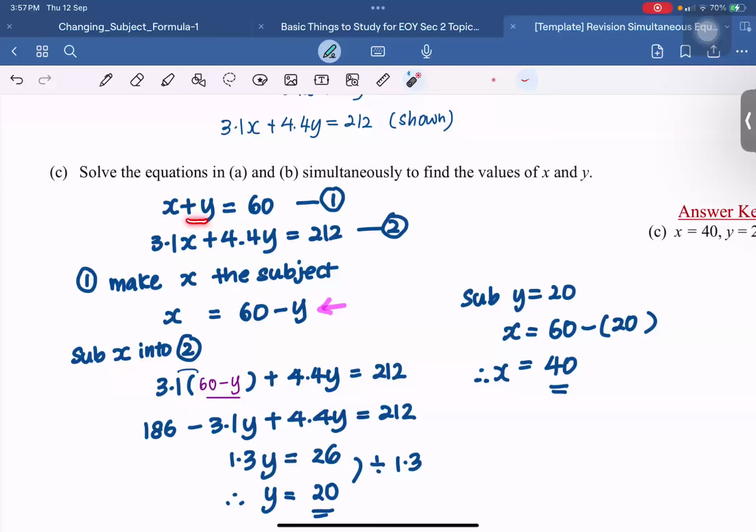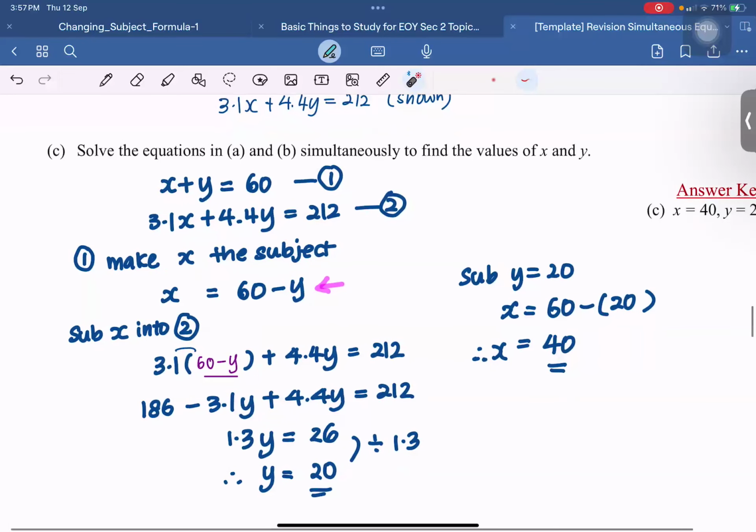So they make x the subject, bring the y over, then anything with x, I replace with this. Then I work out my answer. Is this okay? Then I got my answer, these two. Always remember to double check the values. x and y are frequencies, so positive integers are correct and logical.